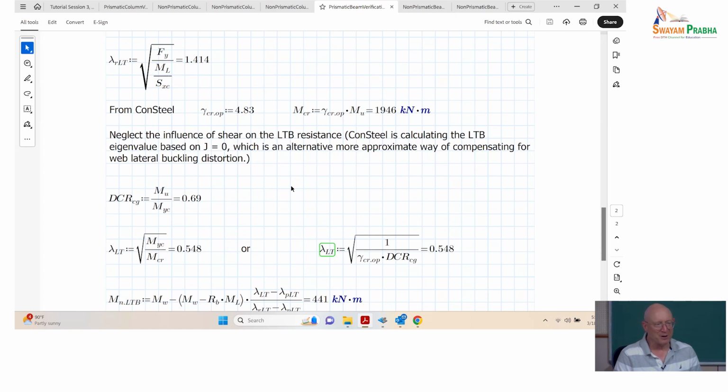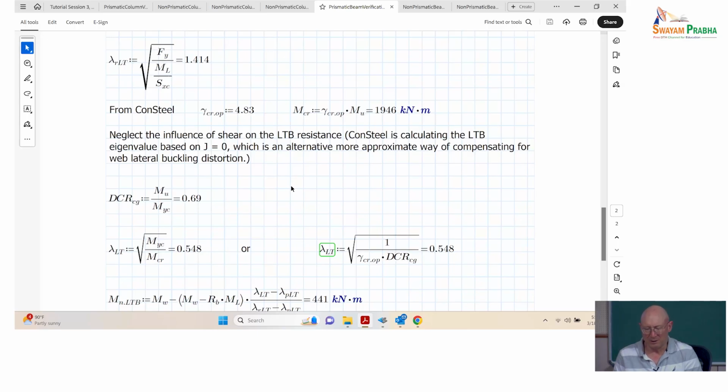The painful side, I think, in many situations is we need to do some extra work to calculate another reduction factor, because we've seen from analytical work, validated somewhat by experimental testing, but the experimental testing has been mainly inelastic lateral torsional buckling, that the distortion of the web exacerbated by shear can be a significant attribute in reducing your elastic lateral torsional buckling strength.